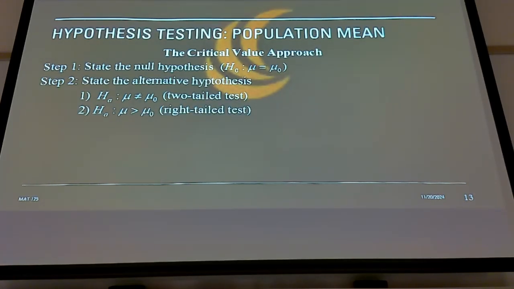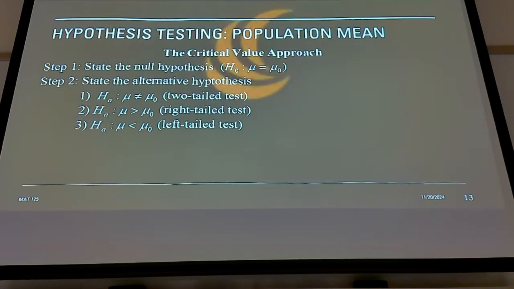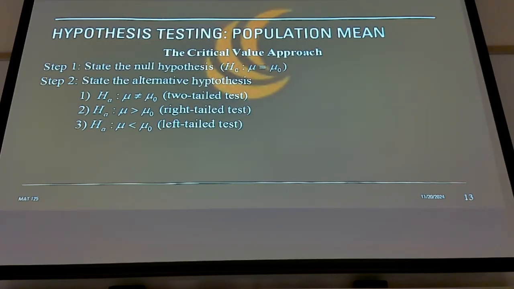Or the true mean is larger than mu naught. This is a right-tailed test. Or mu is smaller than mu naught. Right? So the population mean, the actual mean, is smaller than the stated mean. This is a left-tailed test.